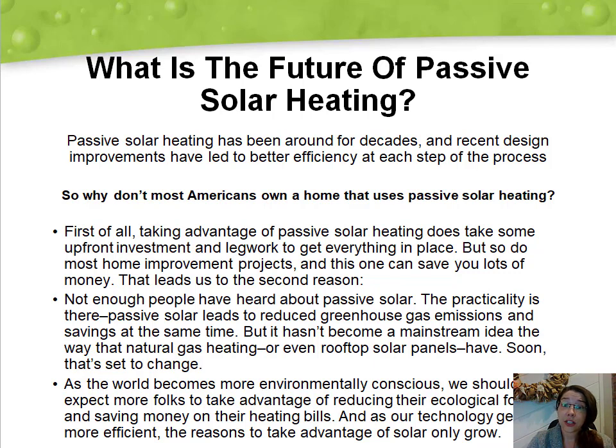Passive solar heating leads to the reduction of greenhouse gas emissions, and it saves a lot of time and energy, but it hasn't become mainstream the way natural gas heating or rooftop solar panels have, and hopefully that will change soon.